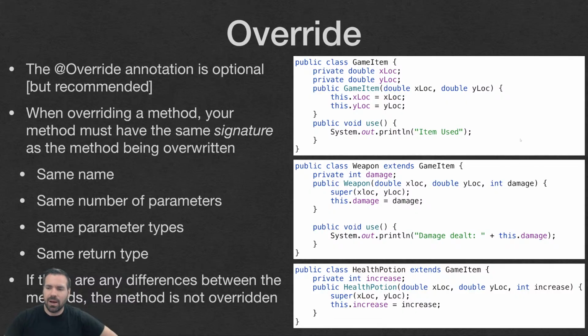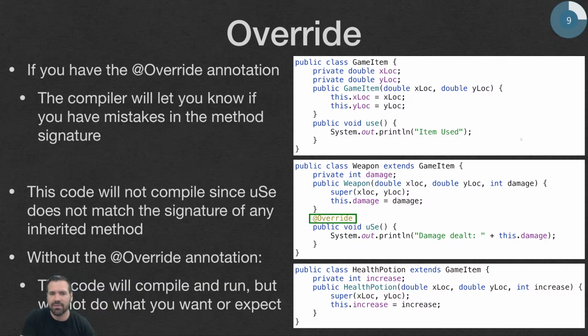But the reason I recommend them is it gives Java a heads up. It says, hey Java, my intention is to override a method that I've inherited. And then Java, when it compiles your code, is going to check that for you. It's going to say, hey, you told me you were overriding something. If it doesn't find a super method with that same signature, it's going to flag you down and say, hey, I think you got something you got to look into here. Looks like you have a potential bug.